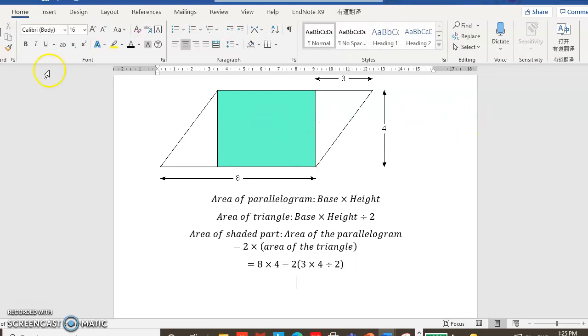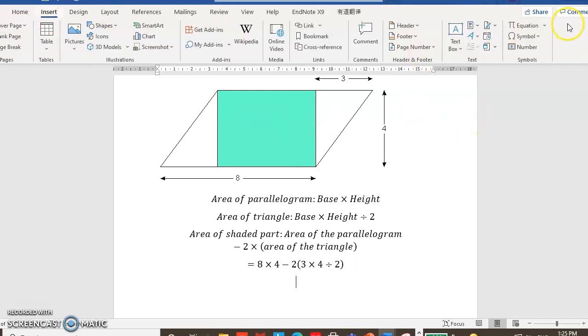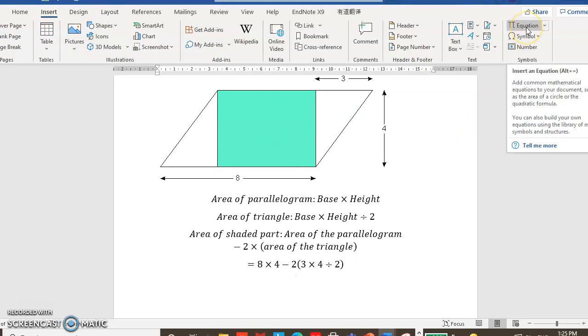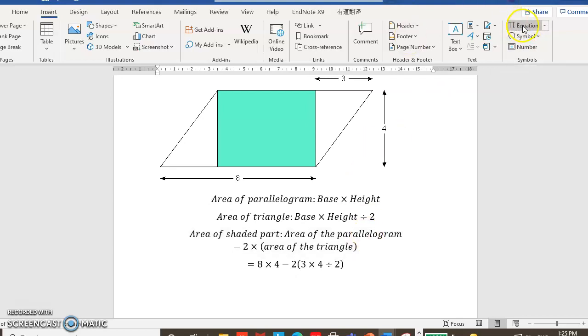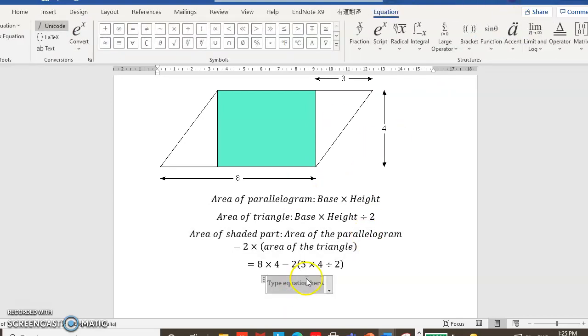Okay? So in that case, we'll get our equation easily now because it's a simple calculation. You should have done it before and you should be able to calculate that easy number. So that equals 32, and we've got to minus 2 times 12 divided by 2.